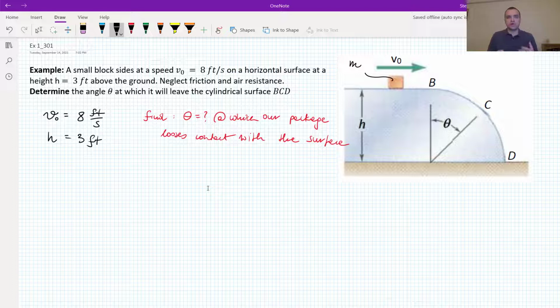In other words, what has to happen in our system so that our particles lose contact with the surface? Feel free to pause the video right now and think about the answer to that question.